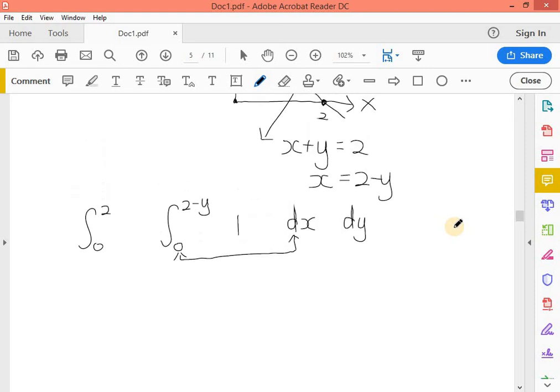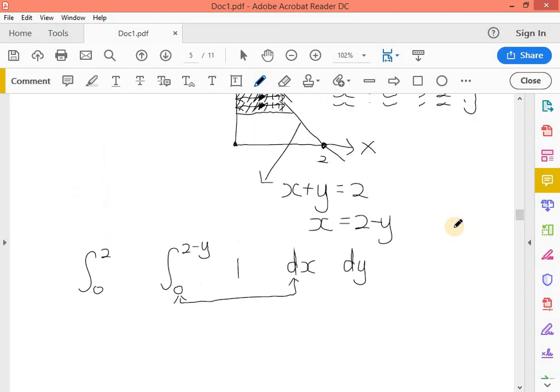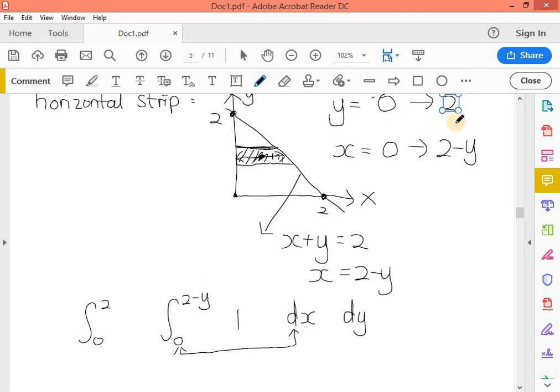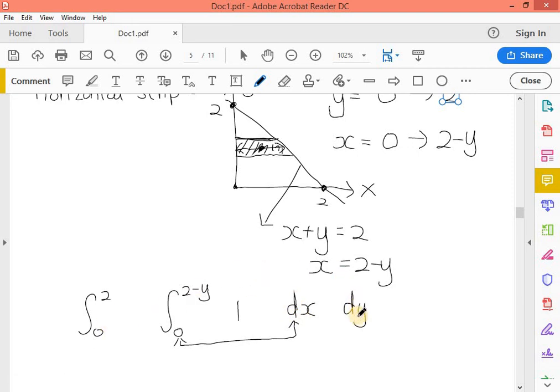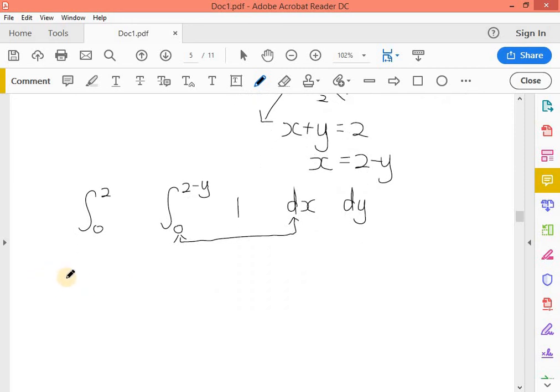So every time you are not sure about dx or dy, please refer to your interval. The inner one matches the inner, the outer matches the outer. So can you continue to solve it? You will find that your answer equals 2, but you can try to solve it in the area.